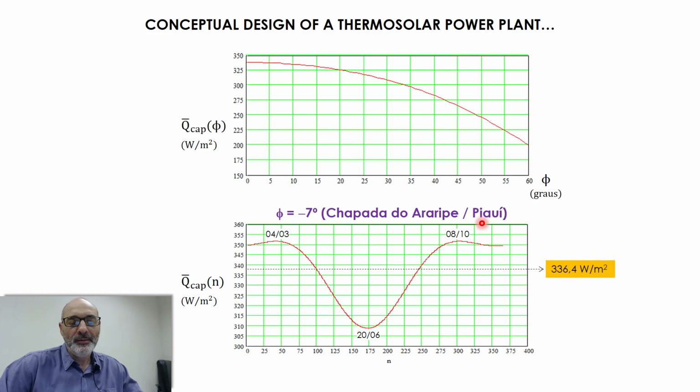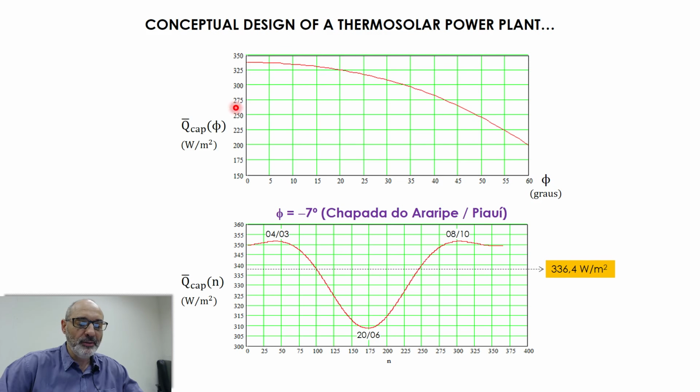I've mentioned that we are going to build in Chapada do Araripe, in Piauí. The latitude there is -7, so we get 7 degrees. It's almost 325, 340 something here. Okay, so in Piauí, we can plot during the days of the year. This is the amount during the days of the year.